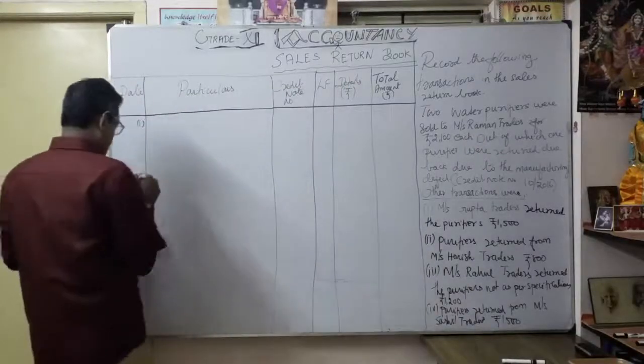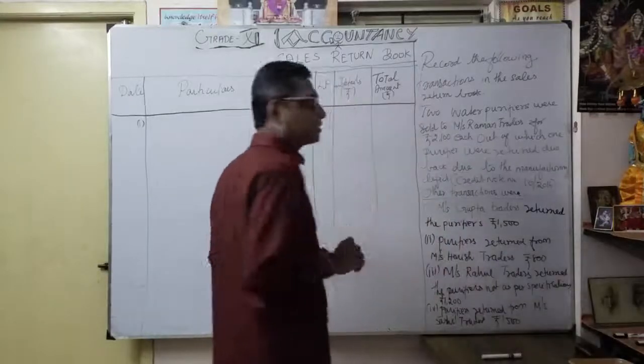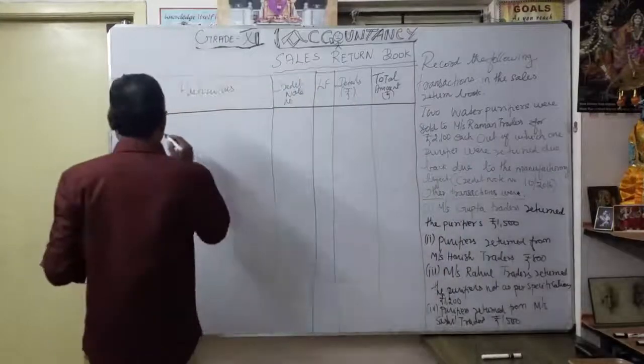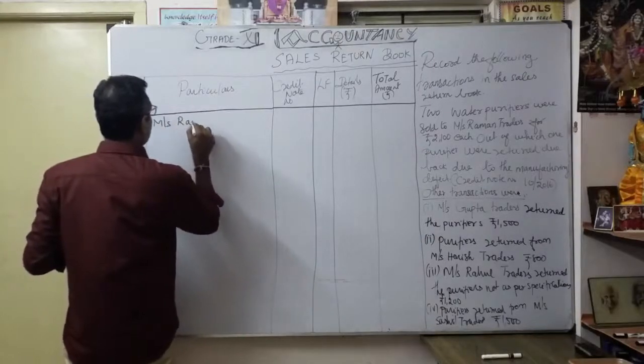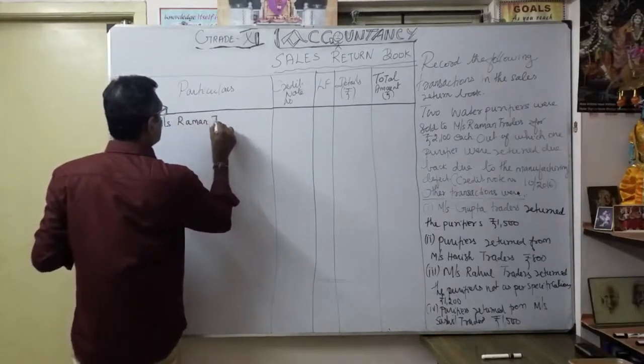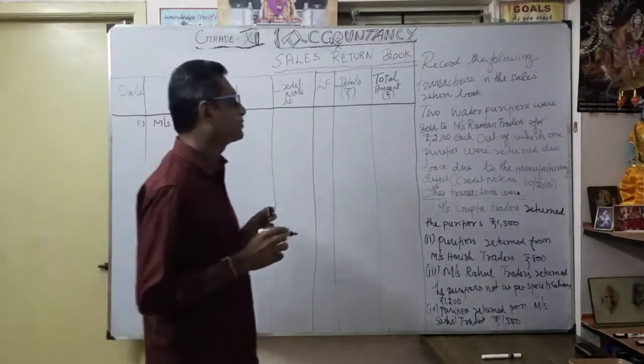So who is our first one? Raman Traders. Goods received from Raman Traders. We write the customer name, Raman Traders. What did we receive from Raman Traders?